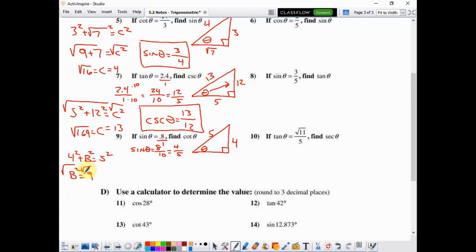Square root of 9 is 3. So the adjacent here is 3. So cotangent theta, the reciprocal of tangent, which means it is adjacent over opposite, is 3/4.